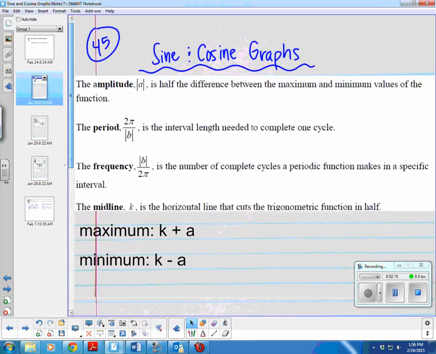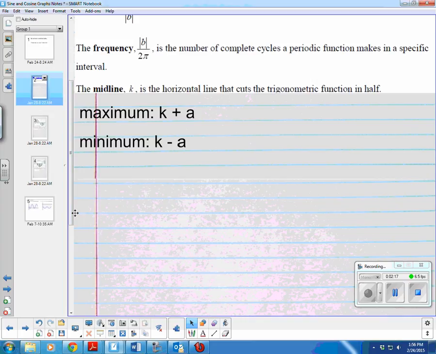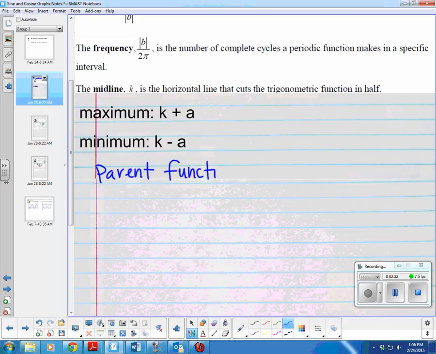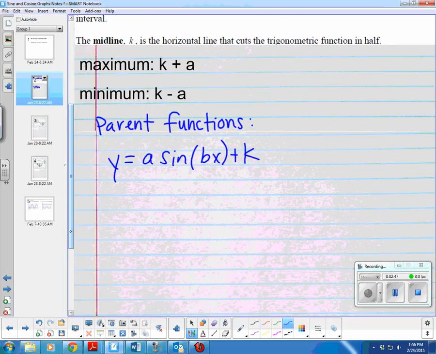Go to page 45 and let's add 2 more things at the bottom here. So if we add, these are the parent functions for sine and cosine. So sine is y equals a times the sine of bx plus k. That's the parent function formula for sine.